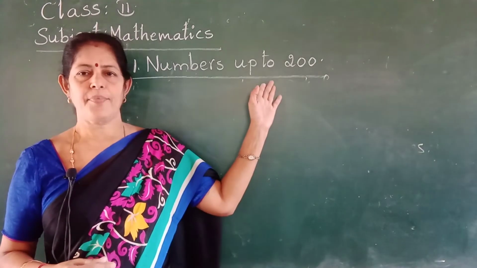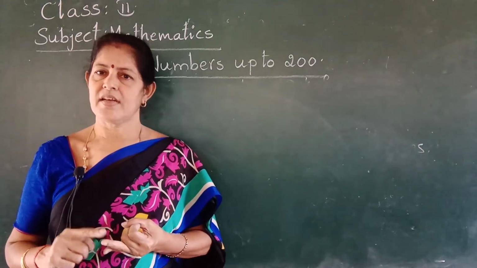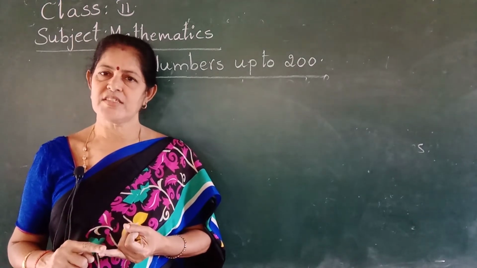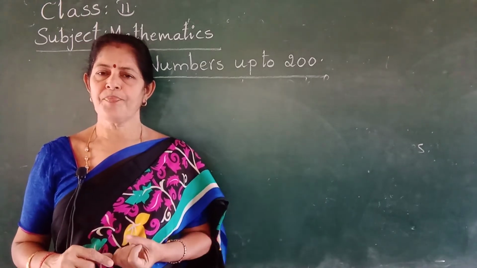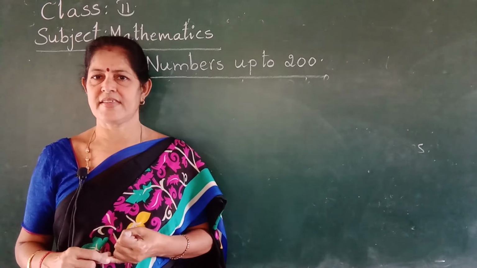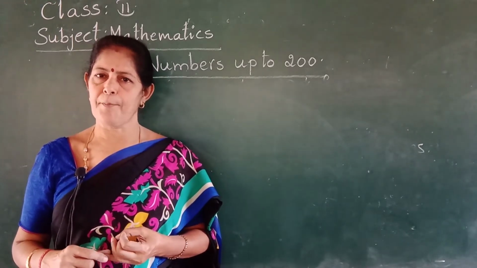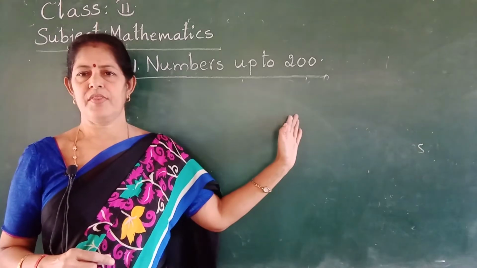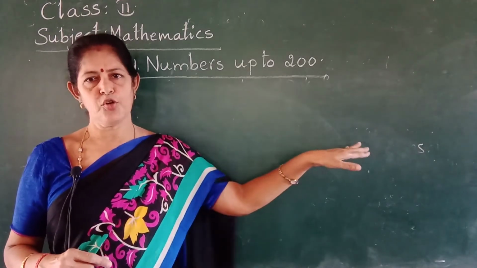In this chapter, I tell you some concepts. Those are number names, numbers, face value, expanded form, short form, predecessor, successor. Number name: write in words. The given number is in words; we see those words and write the numeral.